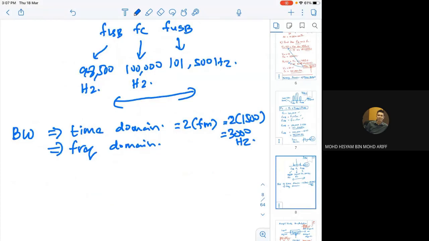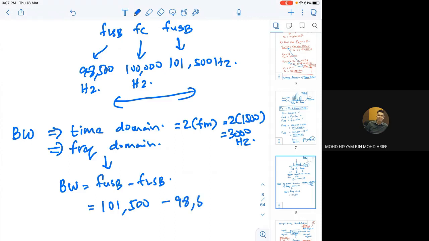How about the frequency domain? If we do frequency domain, we check bandwidth equals F upper sideband minus F lower sideband. F upper sideband 101,500 minus 98,500. Press calculator. Is it the same, 3,000?